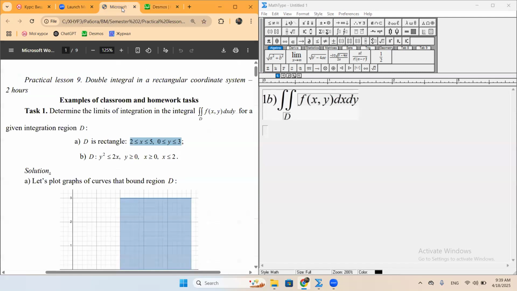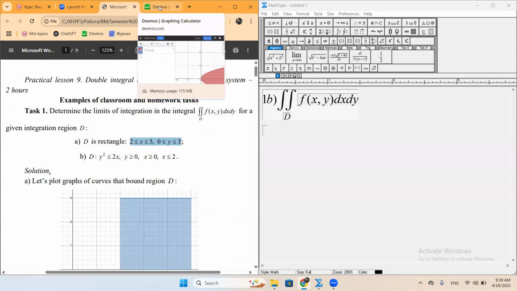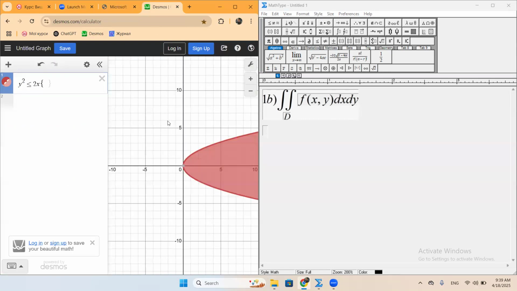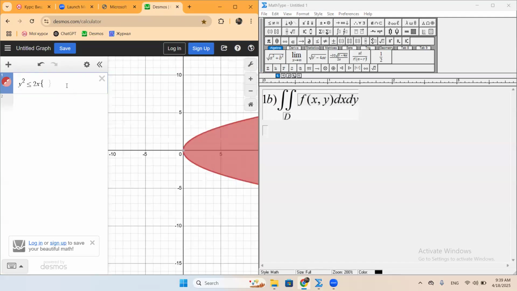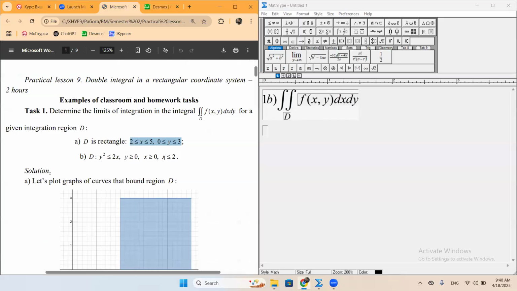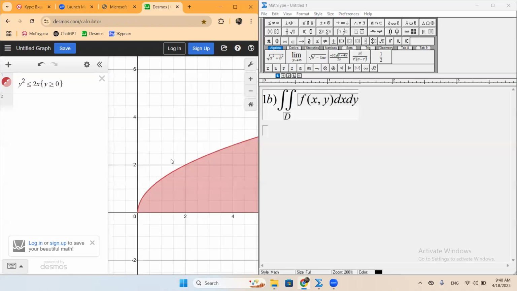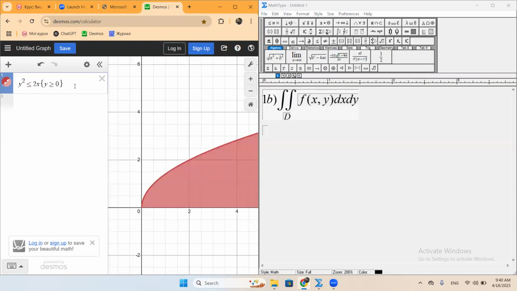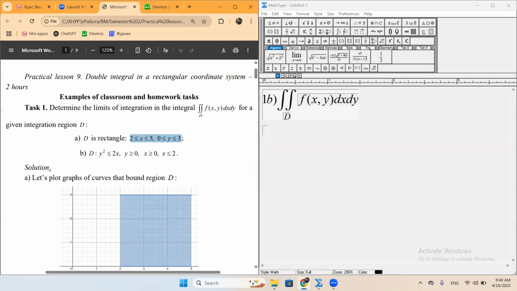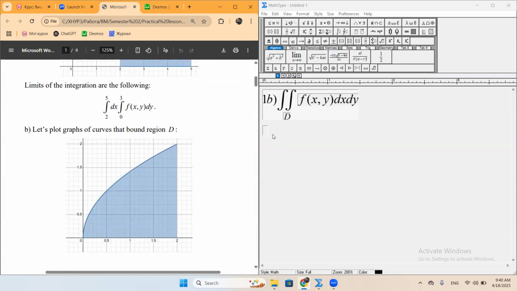Y is greater than or equal to 0, and x is from 0 to 2. So we have the following segment. Actually, the same we have here.